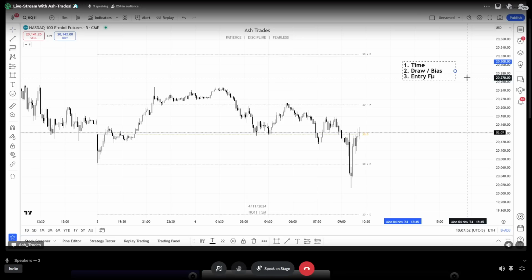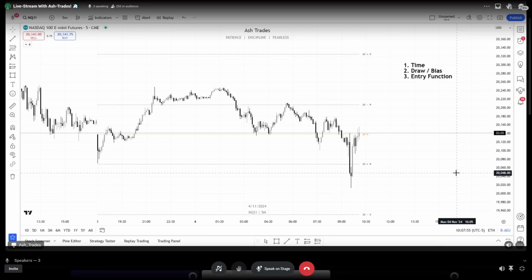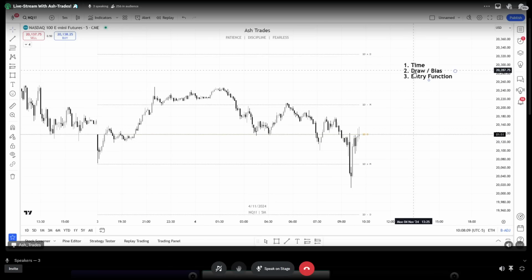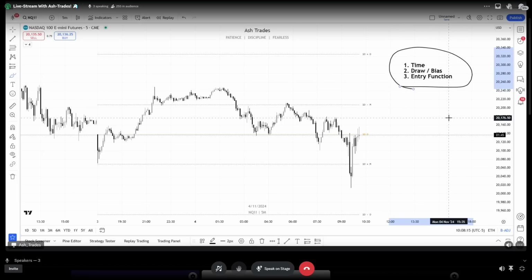Entry function. So logic provided to your decision making through understanding the tool. Having a game plan and executing the game plan. Time, bias, entry function.